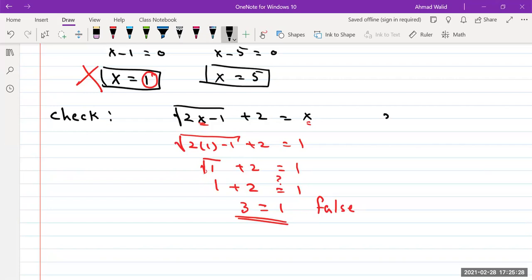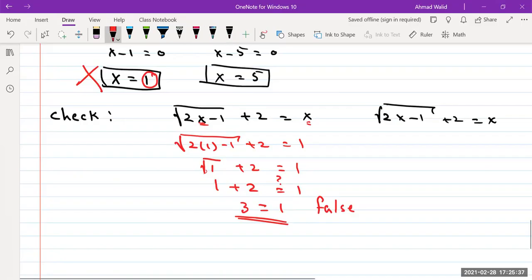Now, let's check the second answer. Again, your equation is square root of 2x minus 1 plus 2 equals x. Let's this time use 5, our second answer. Then square root of 2 times 5 minus 1 plus 2 equals 5. 2 times 5, 10. 10 minus 1 gives you 9.